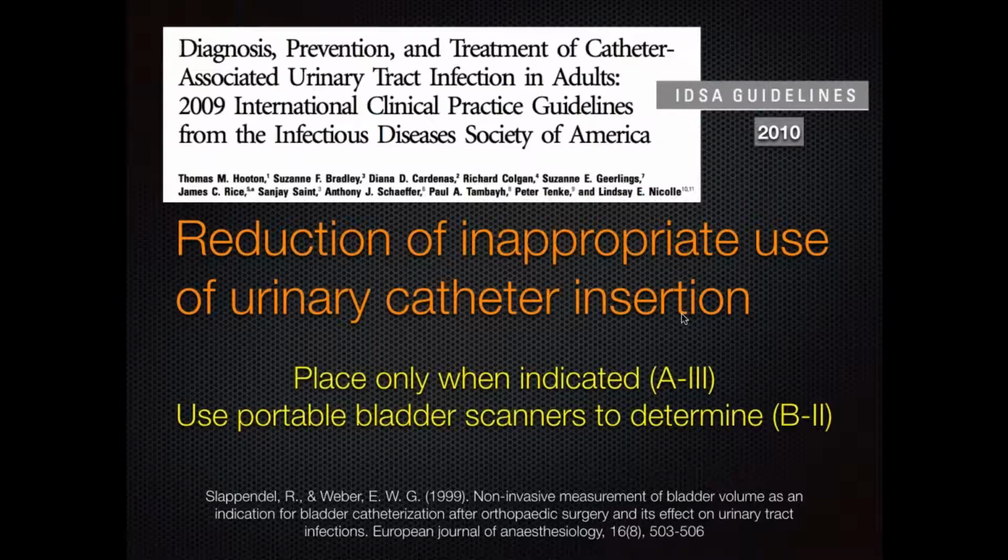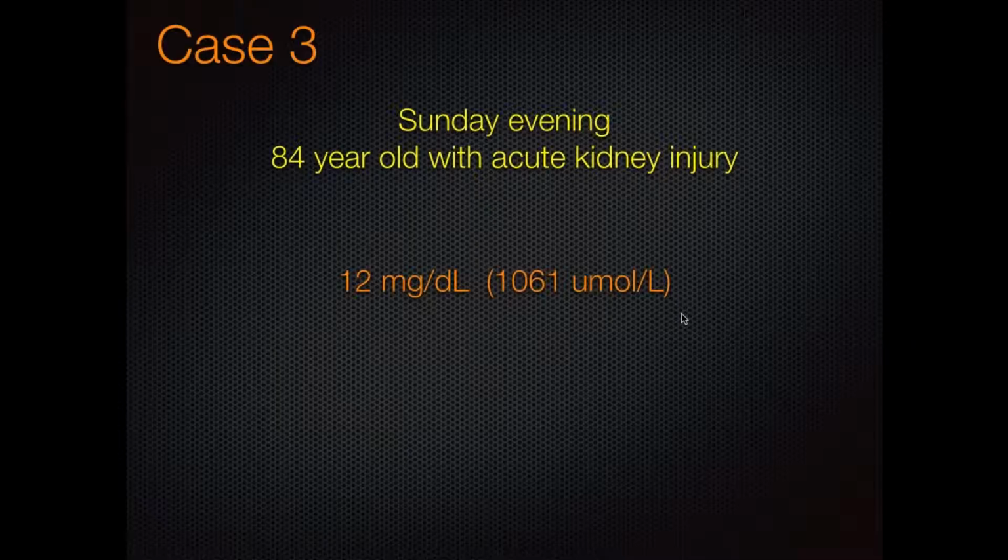We really should be only using urinary catheters when indicated, and at evidence level B2, we should be using portable bladder scanners to determine whether or not you should be using urinary catheters. Let's move on to case 3.